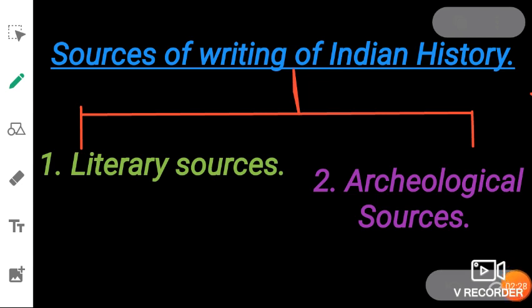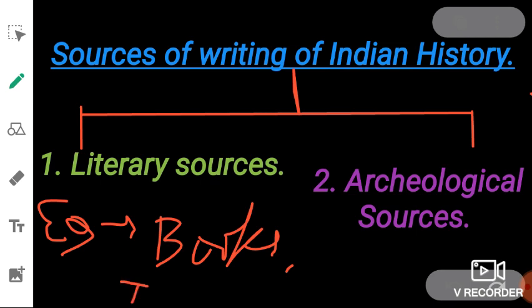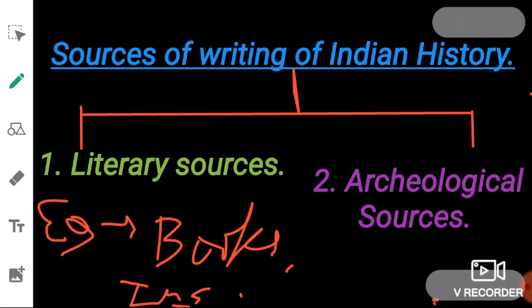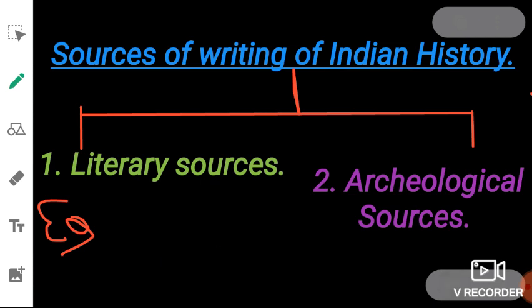Friends, literary source means written, for example books, inscriptions, Vedas, historical compositions, travel accounts.